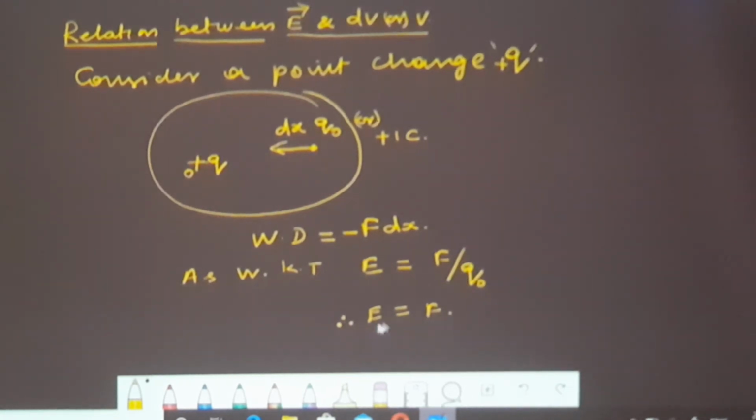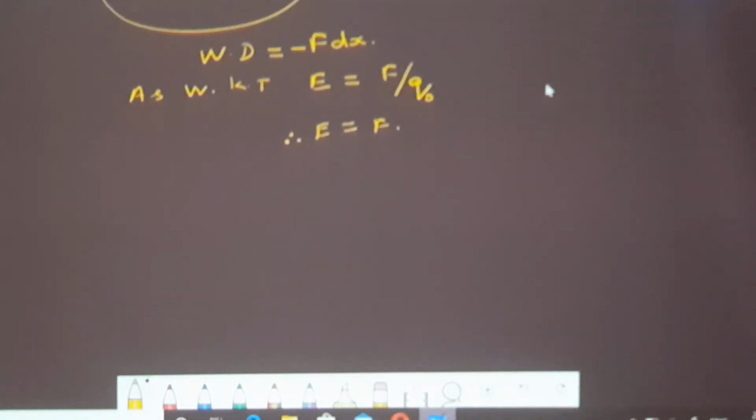If that is the case, then I can find the work done. Take this and substitute in the above equation. The work done is equal to minus, which represents that the work is done against the force of repulsion, and instead of F, I am substituting E into dx.